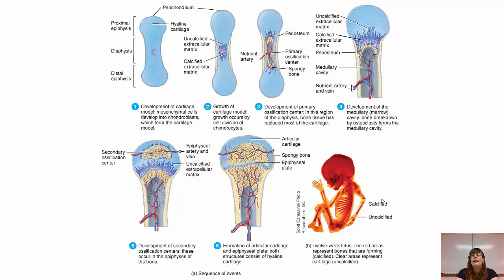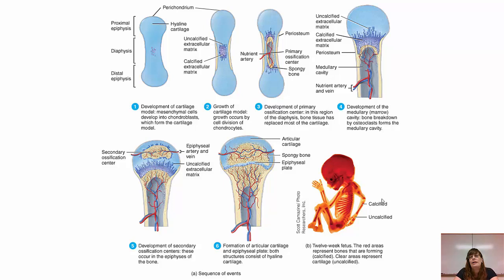Then you have your secondary ossification centers, one in each epiphysis, and the spongy bone actually stays intact. So the spongy bone stays, that articular cartilage on top stays, and the epiphyseal plate on the bottom stays. So the only cartilage that's replaced in the epiphyses is the middle portion, which is your spongy bone.